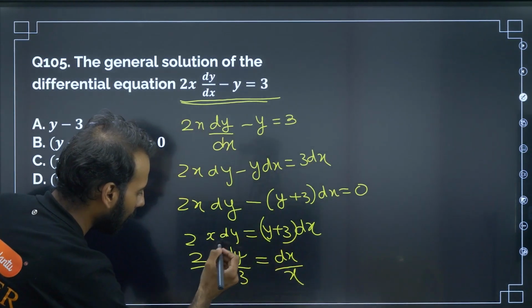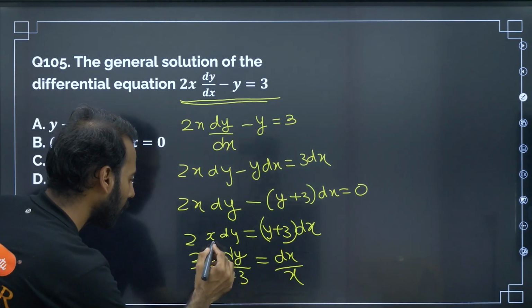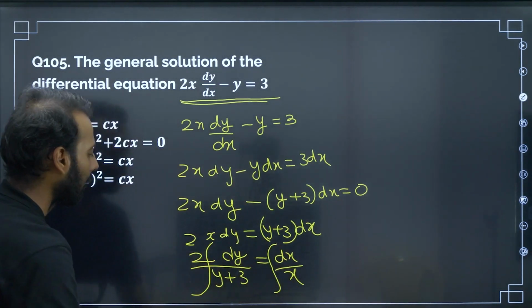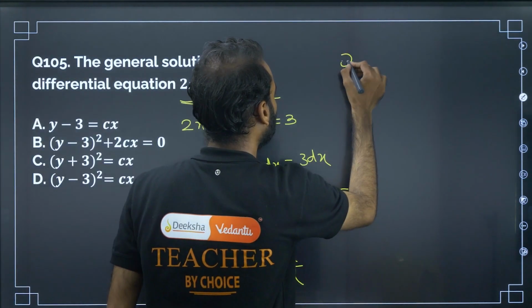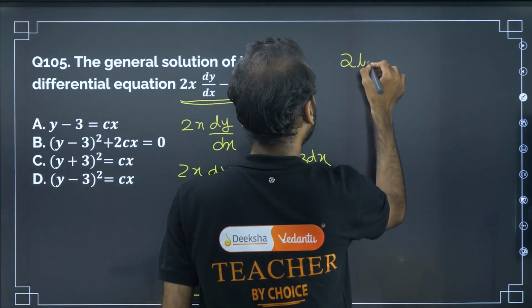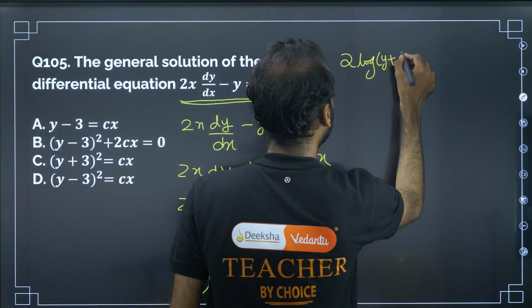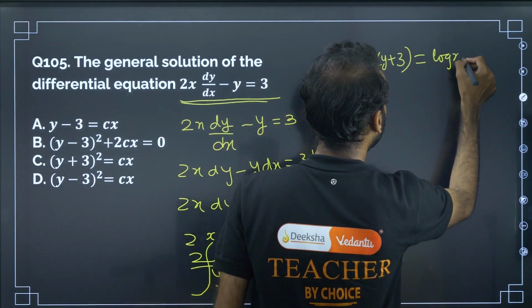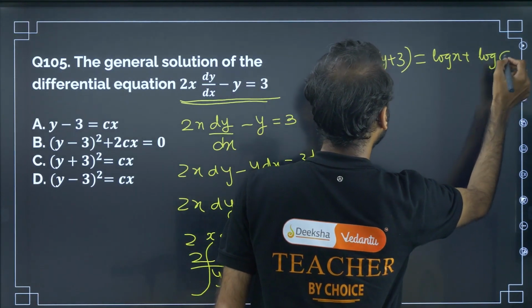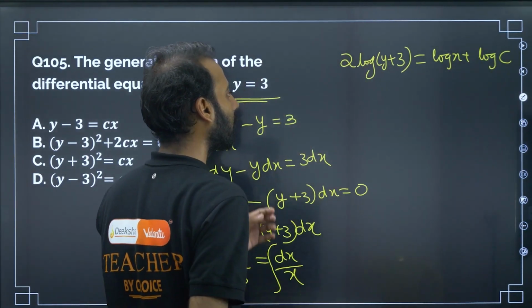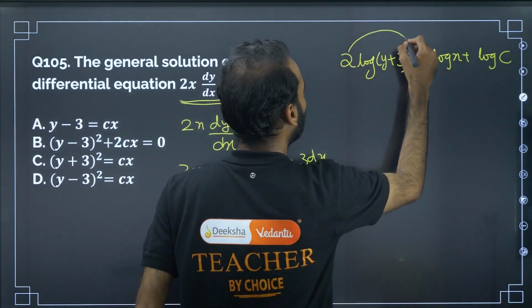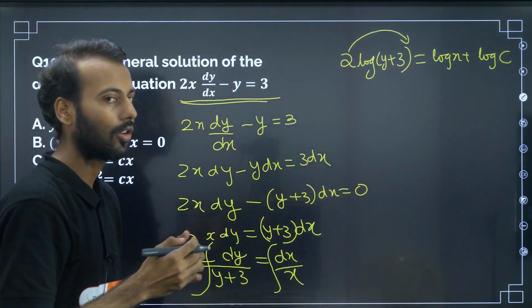Next, let me apply integration on both sides. On this side, 2 as it is, log of y plus 3 is equal to log x plus log c. Rather than writing this 2 here, I can write it as a power using properties of logarithm.